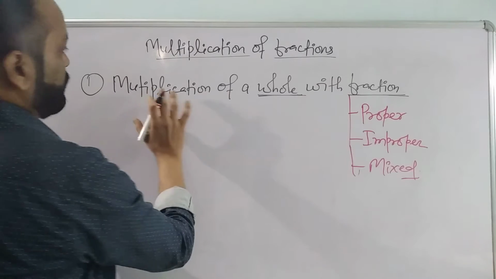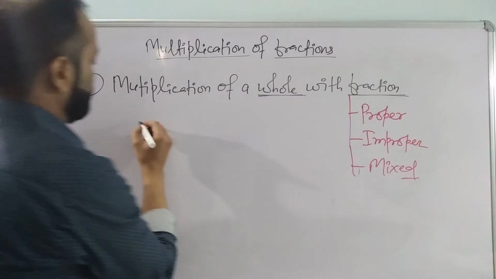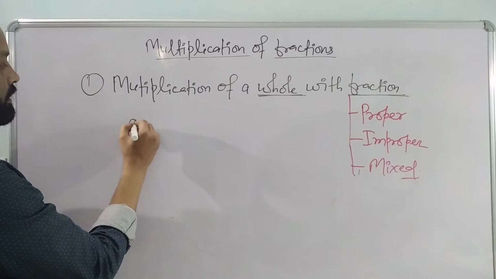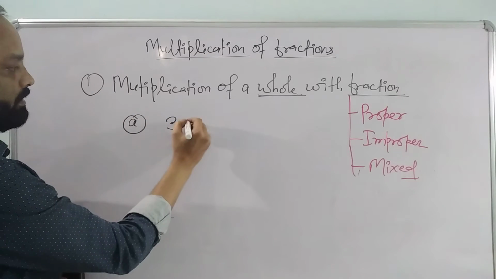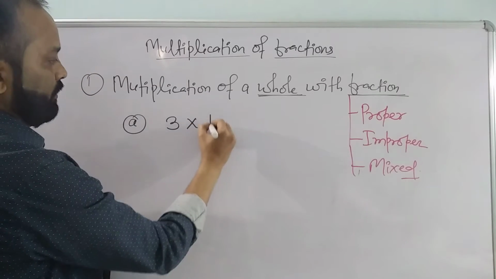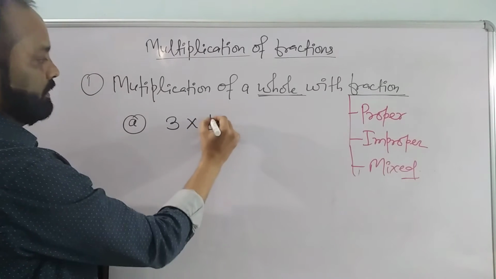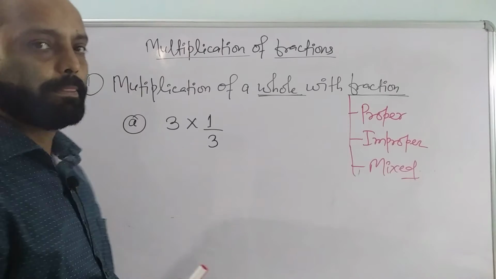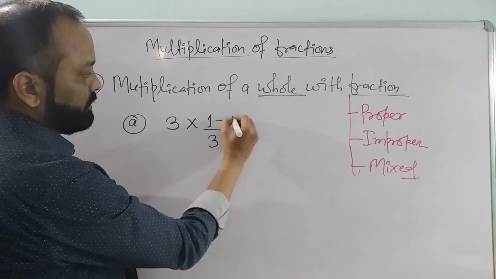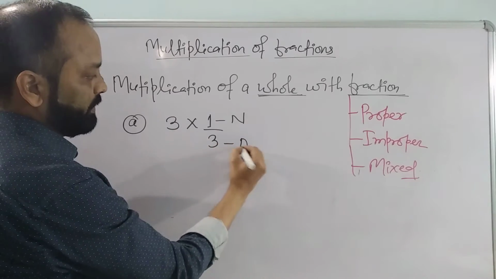Now when we are talking about the multiplication of a whole with a fraction, let us go for an example. 3 into 1/3. 3 is a whole, 1/3 is a fraction, correct? Here this is called the numerator and this is the denominator.